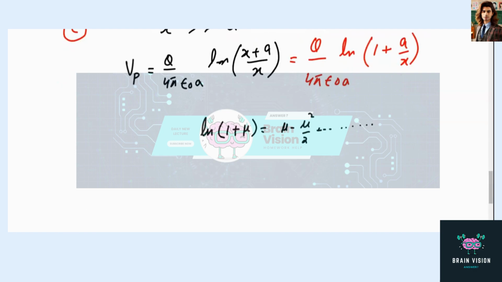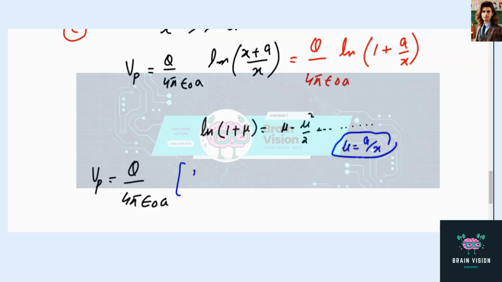By using this expansion we can write potential at point P equal to Q divided by 4 pi epsilon naught A into expansion of log, where u is A upon x.